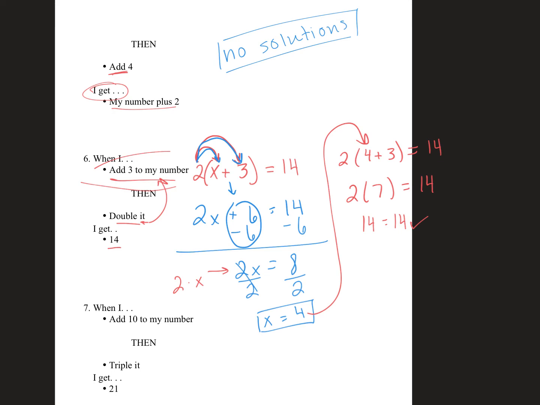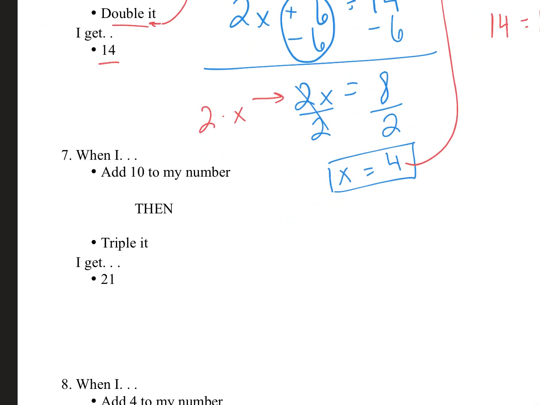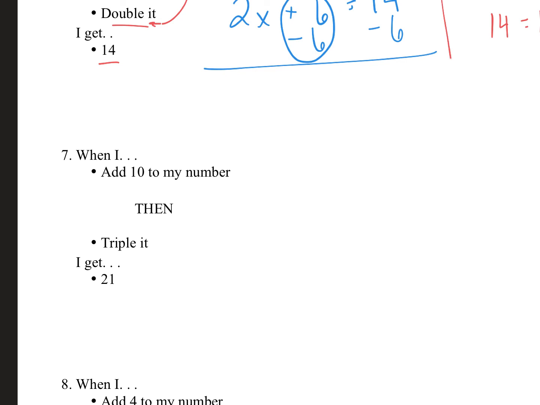So now let's try problem 7. Problem 7 is similar to the last problem that we just did, because I add 10 first and then triple it. When I do that, I get 21. So let's start with that first bullet point. I'm adding 10 to my number. So x plus 10.